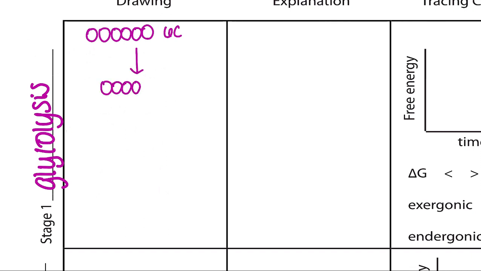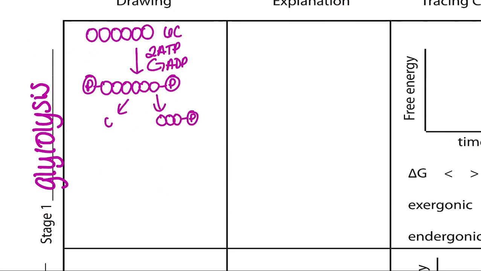In the first stage of glycolysis, we use 2 ATP to add 2 phosphate groups onto glucose so that we can make it unstable, and those are split into G3P molecules, and those G3P molecules are then converted into pyruvate in stage 2 of glycolysis.